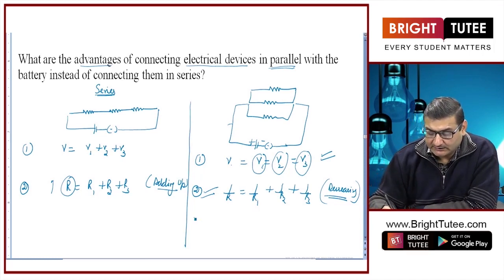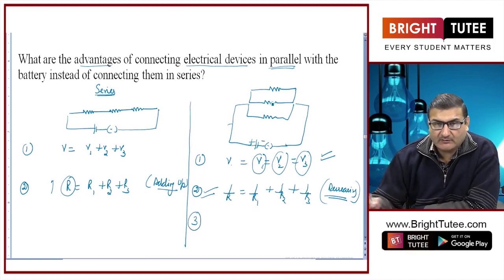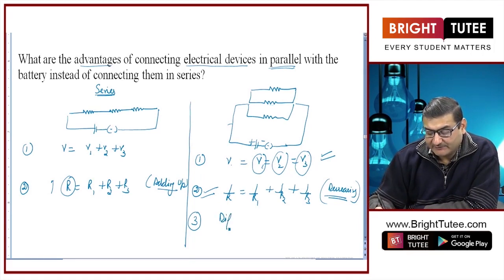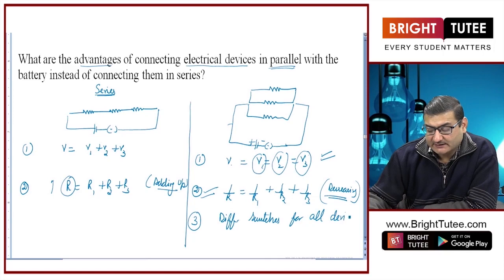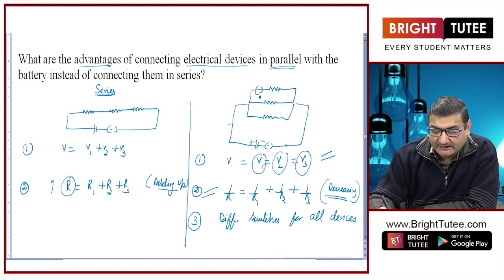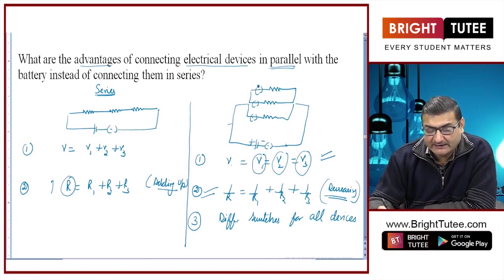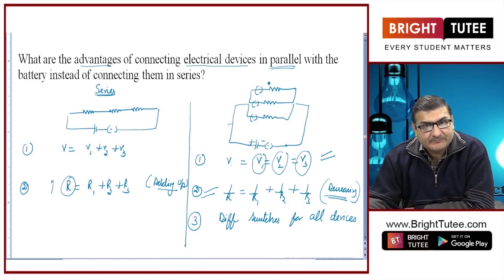Now, the third advantage of parallel combination is that I can have different switches for all appliances. All the devices, they are having different switches, right. I can add as many switches. Fine.